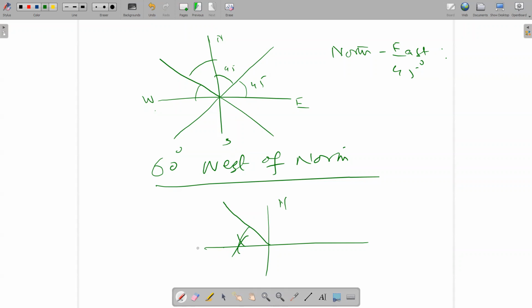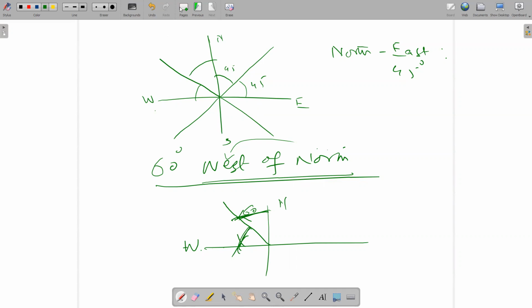Sorry, this is north of west. North of west means you will take this angle. West of north means you start from north and go towards west. This angle. You will not take this angle. West of north means start from north and go towards west. This angle. Understand?